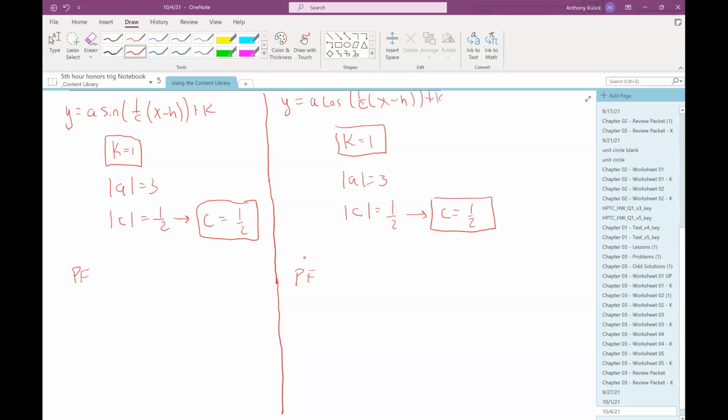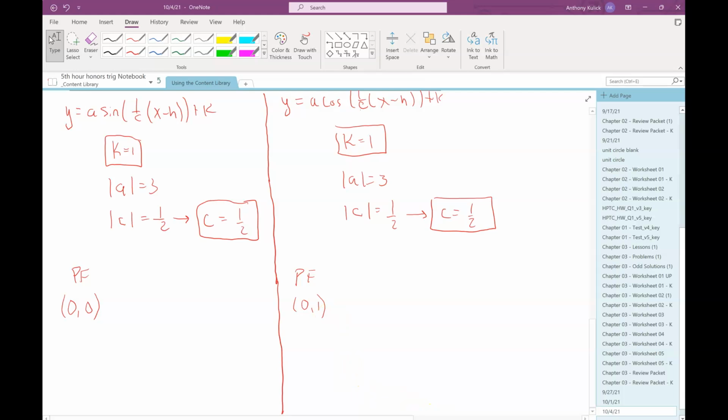Ideally, I want to pick the point from the parent function whose x coordinate is 0. So in sine, that point is (0, 0), and in cosine, that point would be (0, 1). Those are just from the key points.